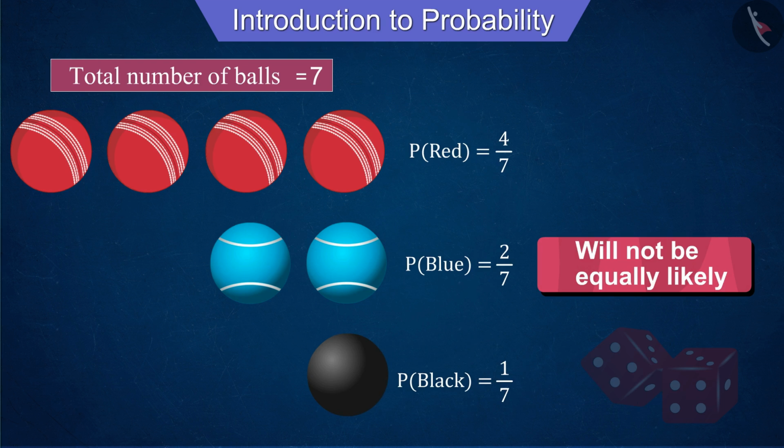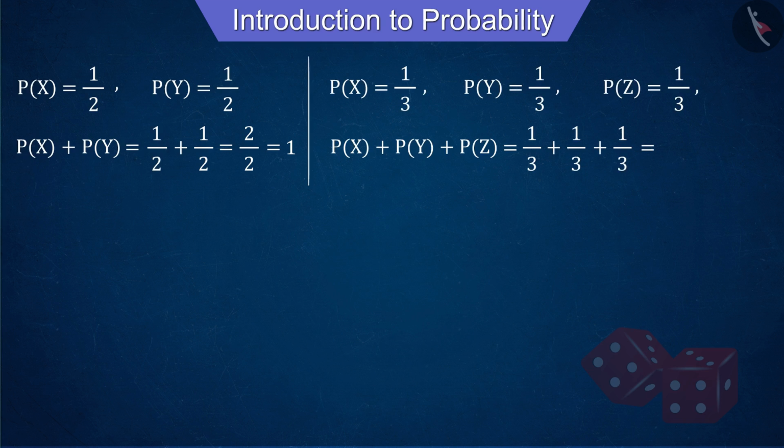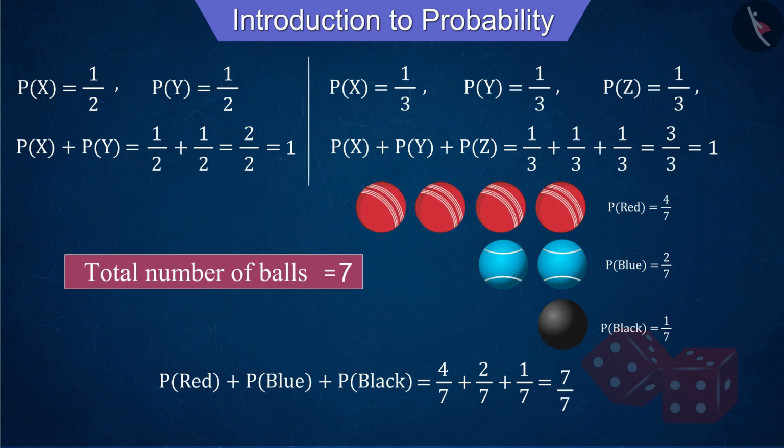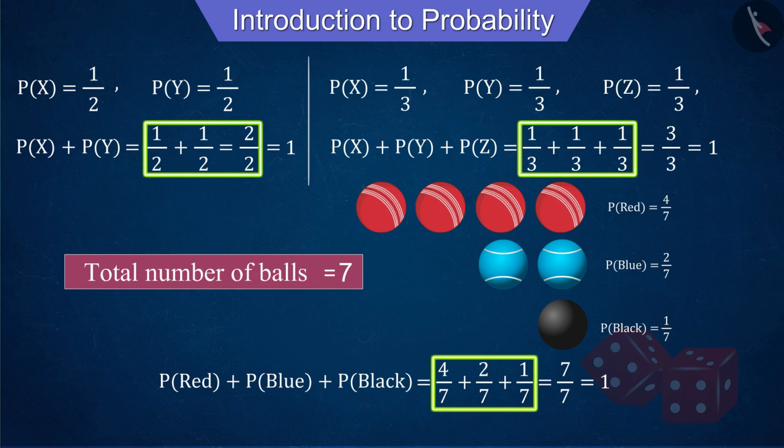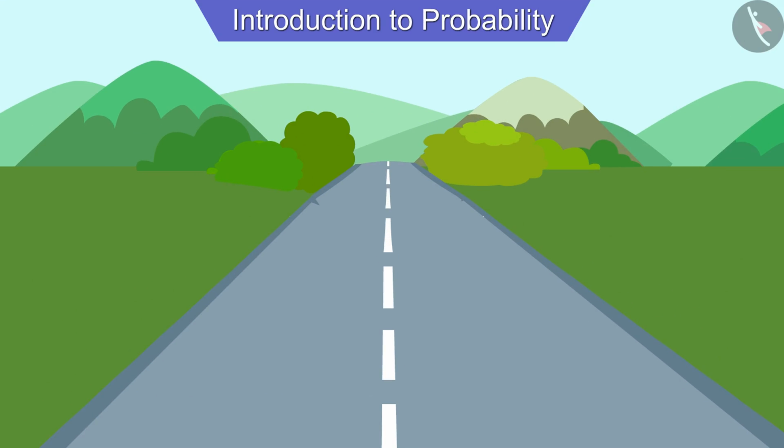Let's understand one more important thing. If we add the probabilities in the condition of the 2 paths, we get 1. Similarly, you can see that in the case of 3 paths and balls, we get 1 by adding the probabilities. Therefore, we can say that by adding all probabilities of an event, we always get 1. But how is this possible? Let's see. If we have only one road, then we have no other choice.